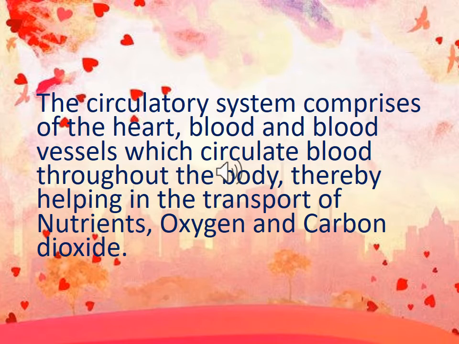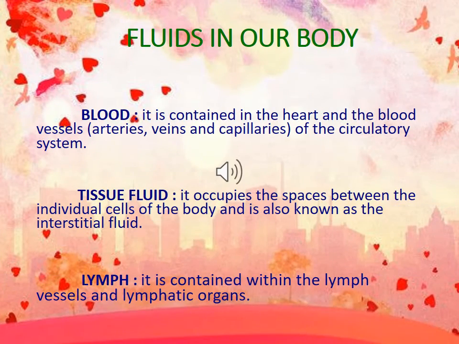The circulatory system comprises the heart, blood and blood vessels which circulate blood throughout the body, thereby helping in the transport of nutrients, oxygen and carbon dioxide. For this circulatory system, we need to learn the fluids present in our body.